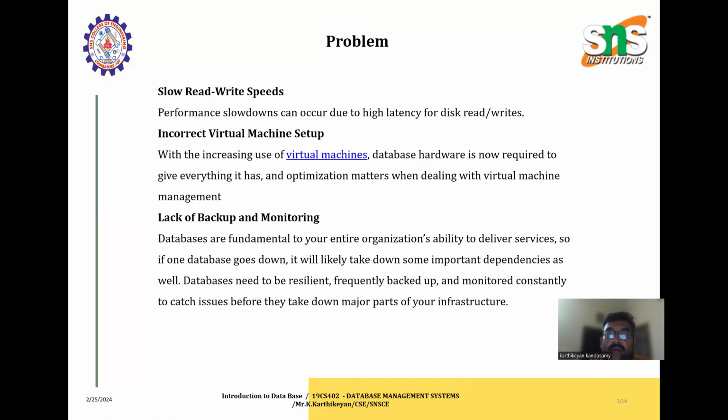So, problems based on slow read and write speed, incorrect virtual machine setup, and lack of backup and monitoring. Slow read and write can occur due to high latency for disk read and write processes. For example, you can store your data in your system or write to your system; latencies mean delays, which can be based on some conditions.